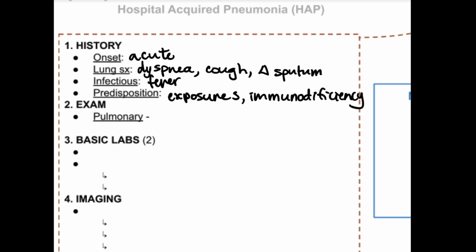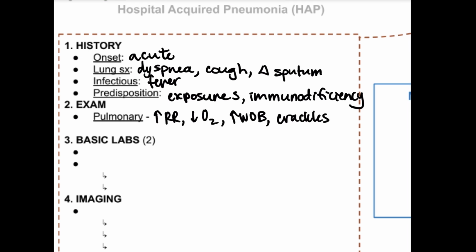The most important exam here is the pulmonary exam. Although none of the exam findings we're about to talk about have great positive predictive value or negative predictive value, the ones that we do still look for include tachypnea, hypoxemia, increased work of breathing, and crackles on auscultation.